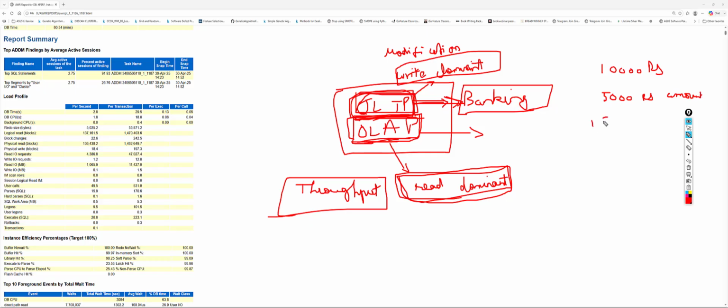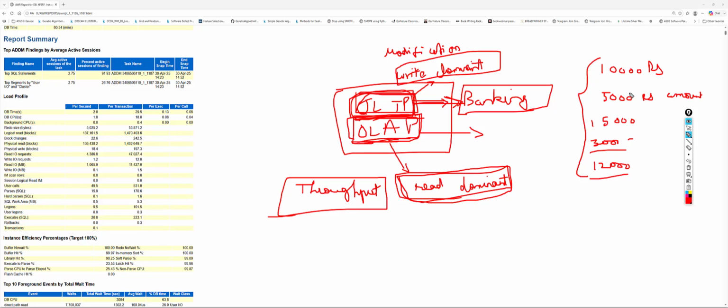So this has to be changed to 15,000. Again, if I spend 3,000, I have to subtract this 3,000 from the 15,000, and then I get 12,000. Right? So likewise, based on the transactions that we do.